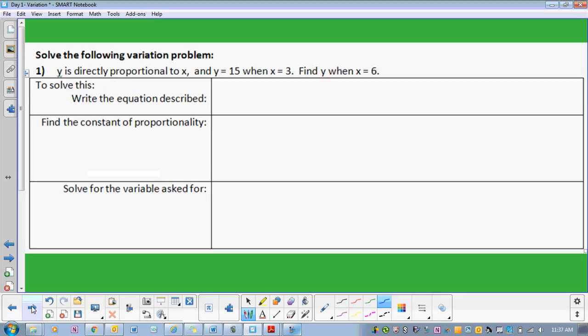So we're going to look at solving a variation problem. This is the type of problem that you might see, and this is very straightforward. What they're going to do is tell you, y is directly proportional to x. That tells me y equals kx.